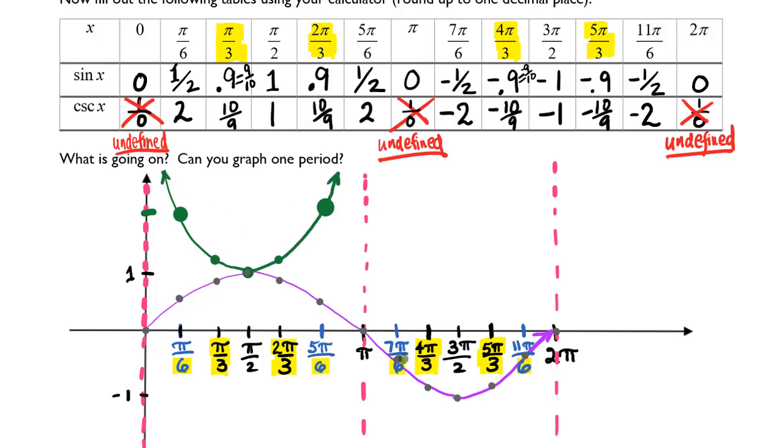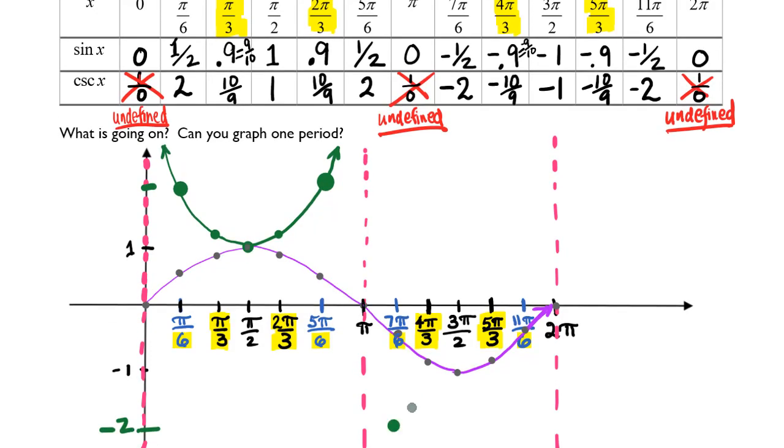Like this. At 7 pi over 6, I will be at -2. At 4 pi over 3, I will be at negative 10/9, so just over negative 1.